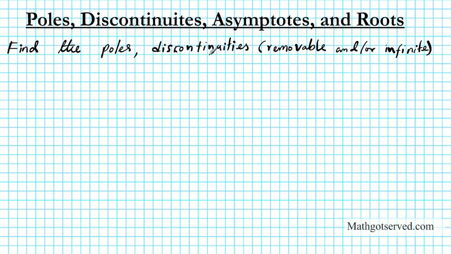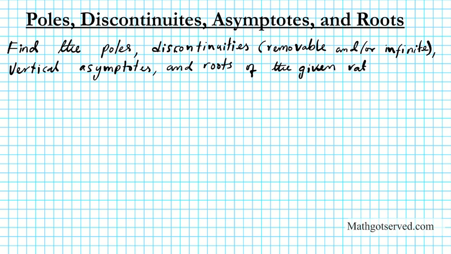So you're going to find the poles, discontinuities, vertical asymptotes, and roots of the given rational functions. Okay.